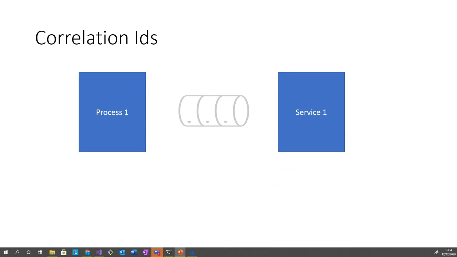That brings us on to request response. First of all, I wanted to talk about correlation IDs. I've got two services, or processes, whatever they want to be, and in between them a service bus. Process 1 calls service 1 and passes it a correlation ID. Service 1 replies, and process 1 is listening for the correlation ID that got sent.